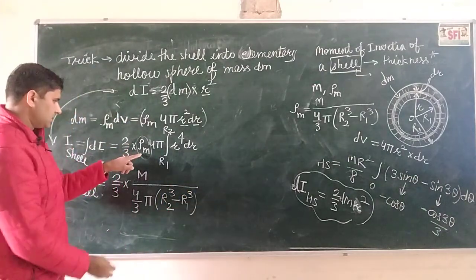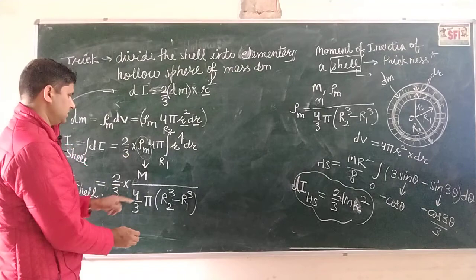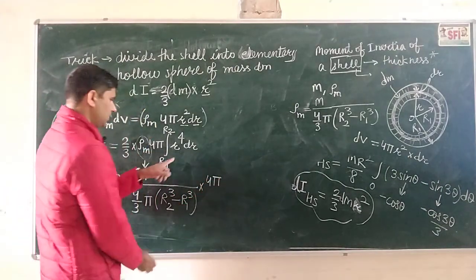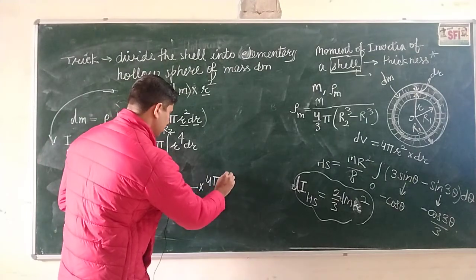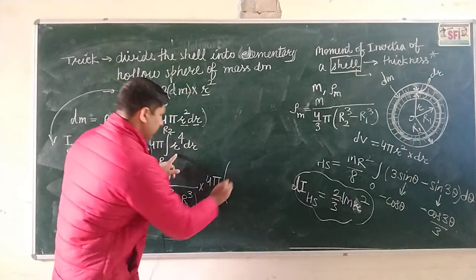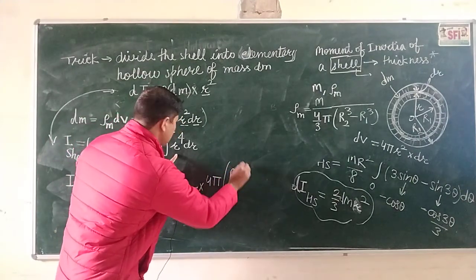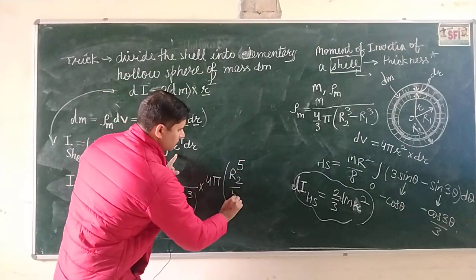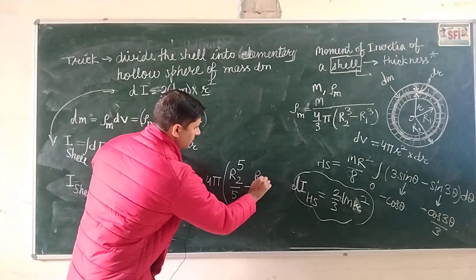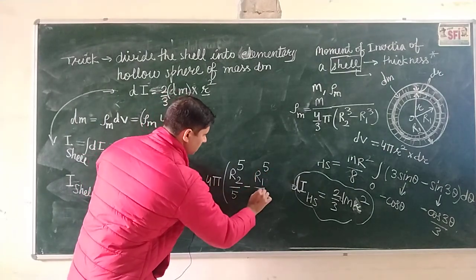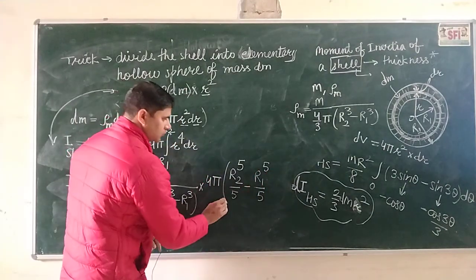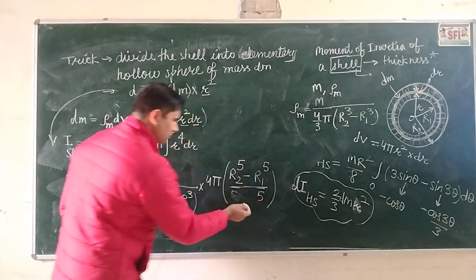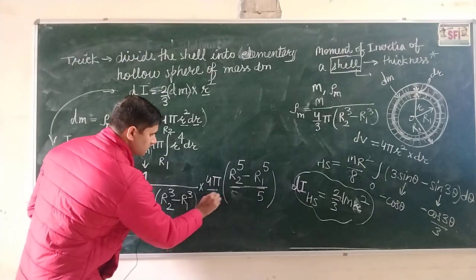Okay, so this is the value of mass density. Then you have 4 pi, again 4 pi, and from here you will get r2 raised to power 5 by 5 minus r1 raised to power 5 by 5. So you can write it like this, and you can take 5 out.